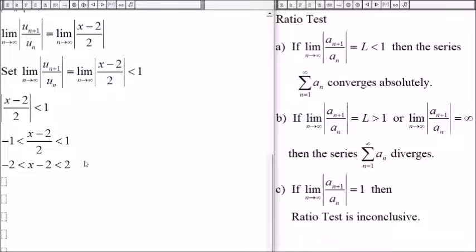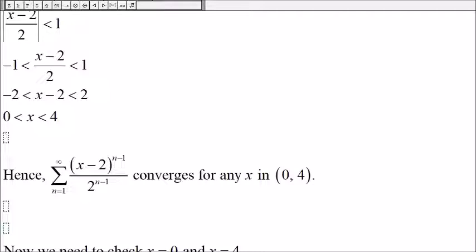Now add 2 to each part, the left, the middle, the right. We add 2, we get 0. Here we add 2, we get x. And here we add 2, we get 4. So now we know that the power series converges for any x in the interval between 0 and 4.